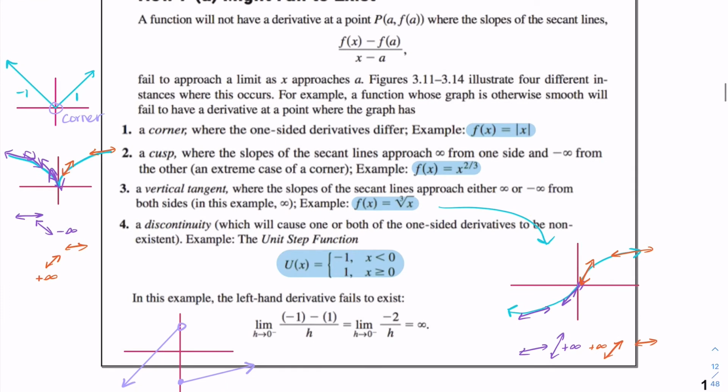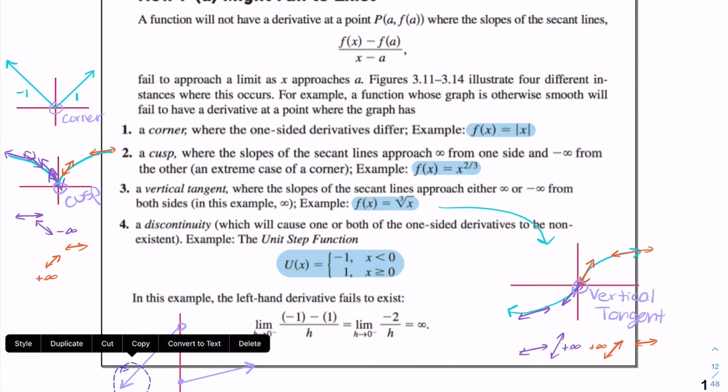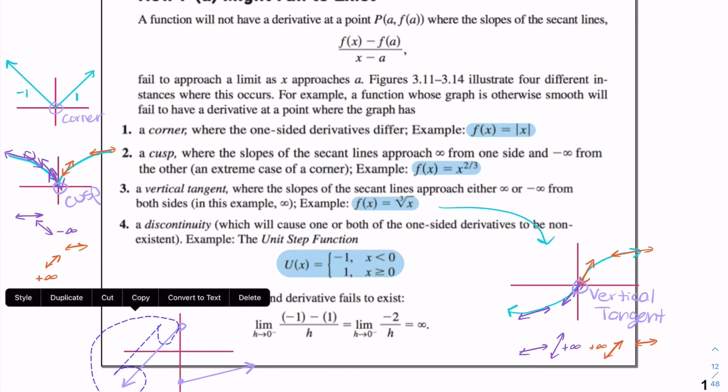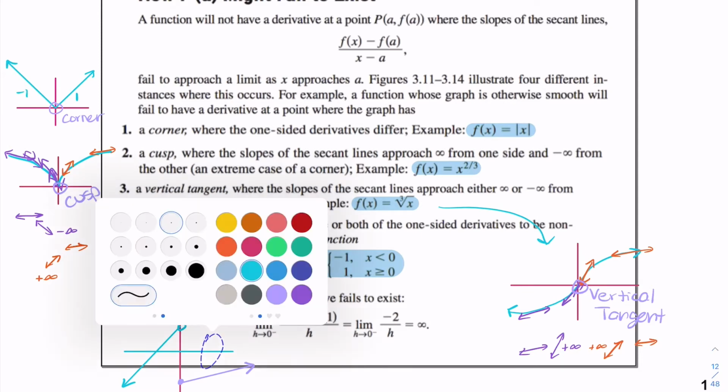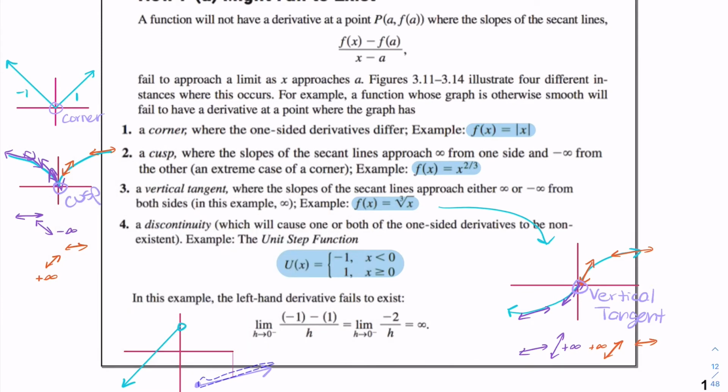So corner, cusp, vertical tangent, and we will do, let's try and change color without changing that one.